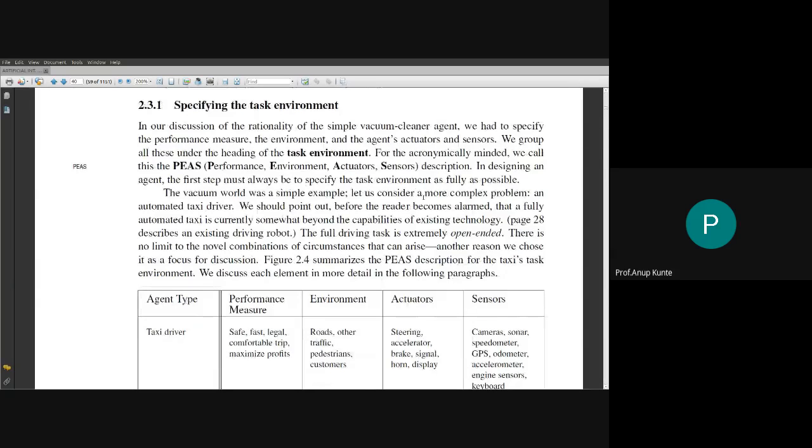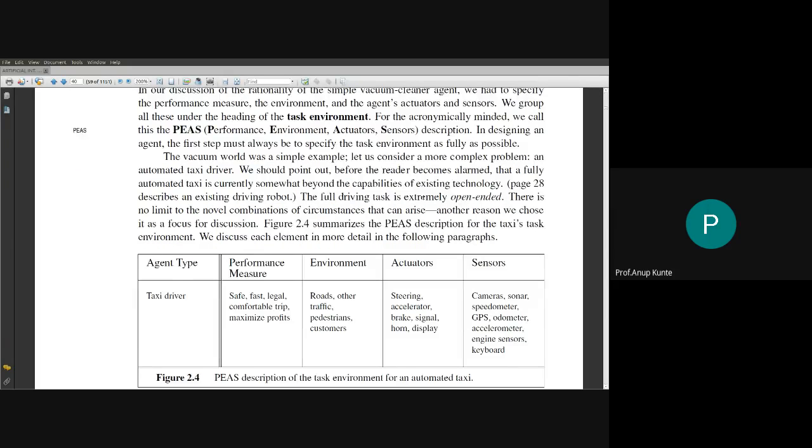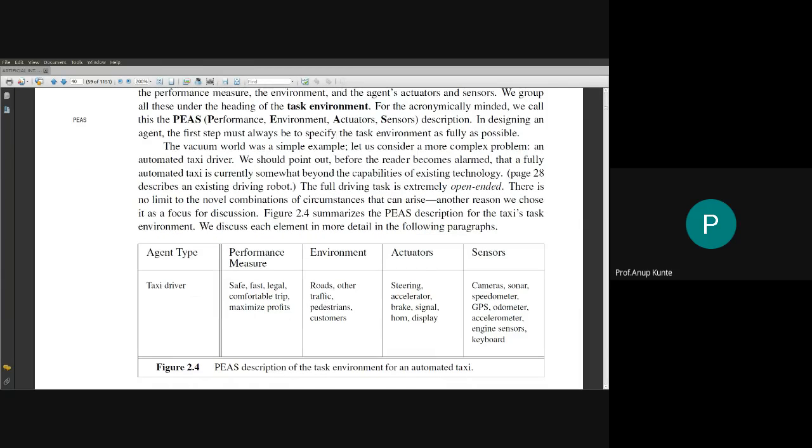An important part of these PEAS descriptors is the environment, because it plays the central role in the development of this descriptor and ultimately the agent that we are going to represent the problem as. Going ahead, we talked about the different kinds of agent task environment properties.